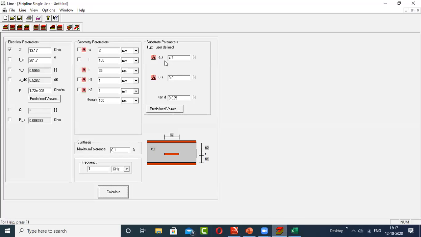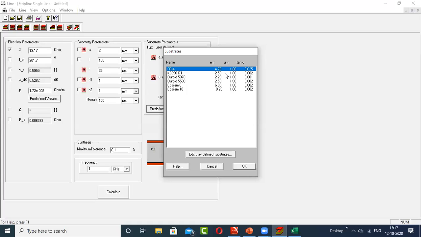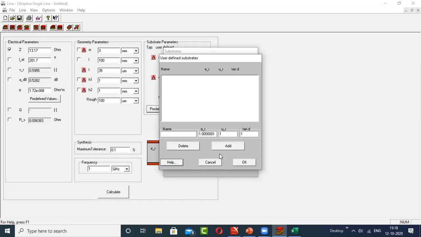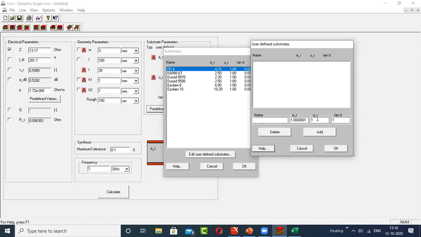Now we'll see this predefined value. I have already chosen FR4, which as per this software is 4.7. Whatever is there, we cannot change, because FR4 has a range of 4.2 to 4.5 or 6, so 4.7 may exist. This tan D and mu R can be changed.